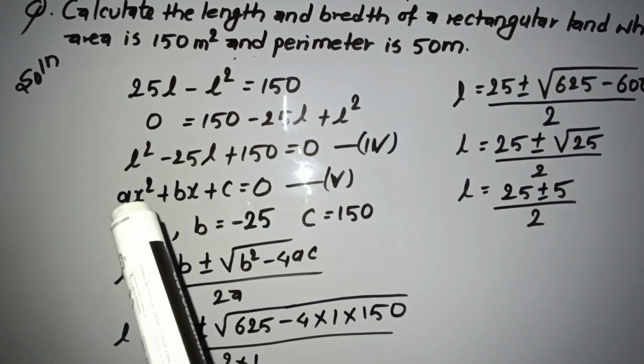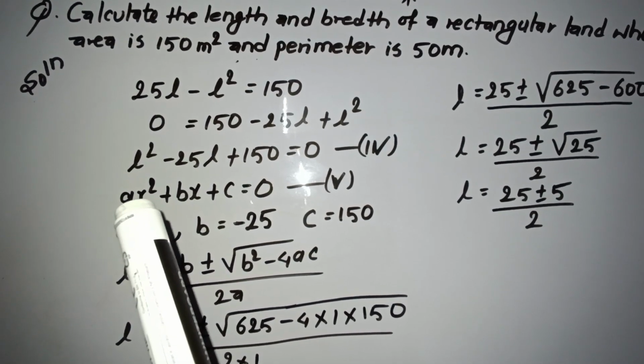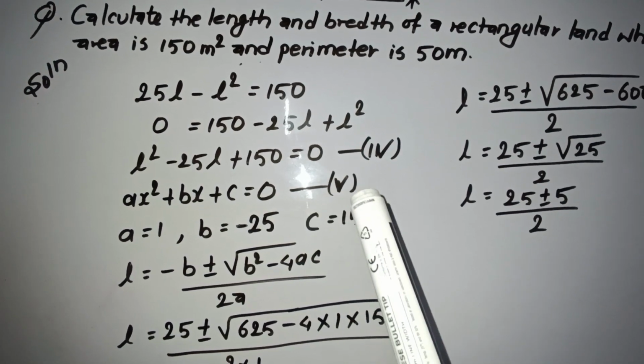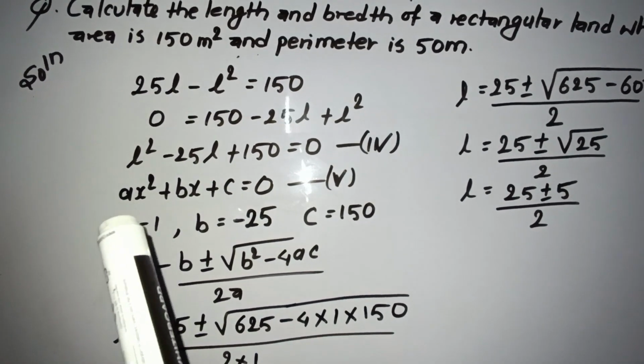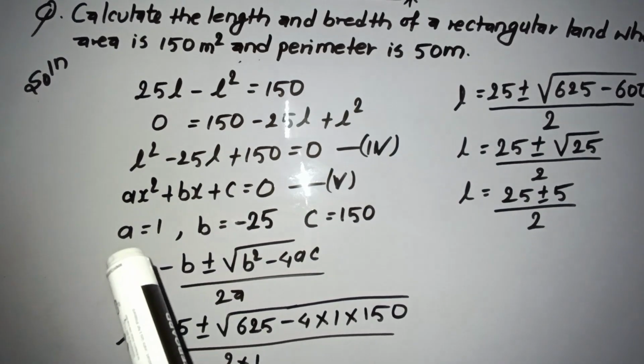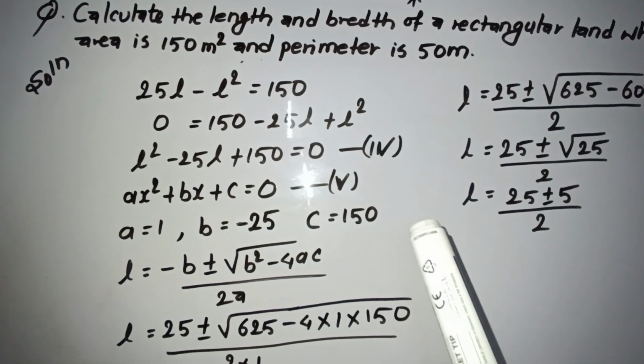First of all, we compare this equation with the quadratic equation, that is ax square plus bx plus c equals 0. This is the equation 5, and comparing equation 4 and 5, we get a equals 1, b equals minus 25, and c equals 150.